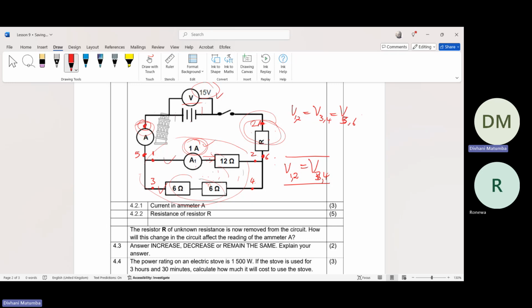And what is the formula for calculating the resistance on a parallel connection? Isn't it RT is equal to 1 over R1 plus 1 over R2? Can you repeat that formula? Let me write it.